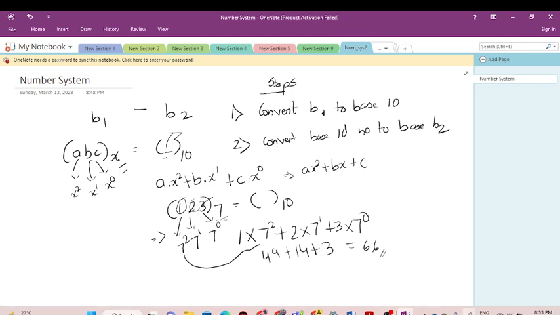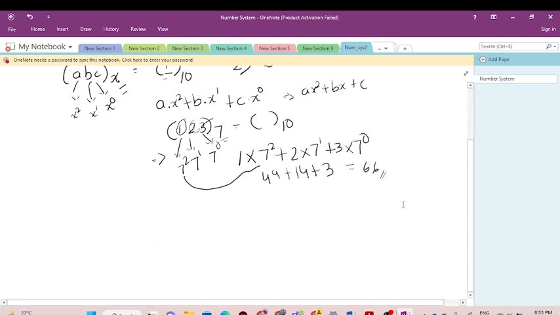Let's do one more. Let's take a bigger one: 1, 2, A, B in base 16, and they're asking us to find the base 10 value. One thing you should remember: base 16 has 16 digits, but the digits go from 0 to 15, one less than 16.